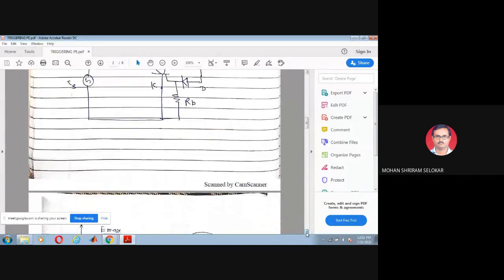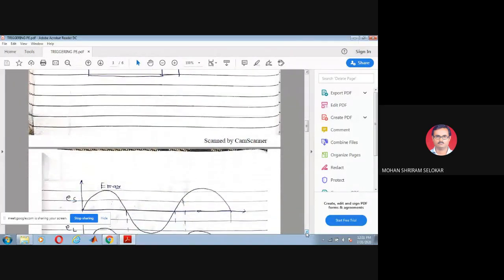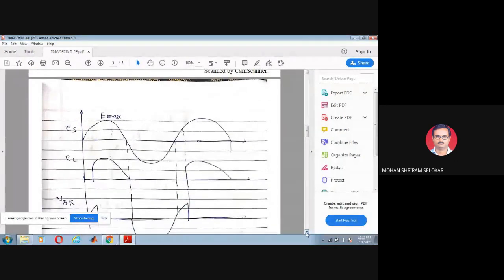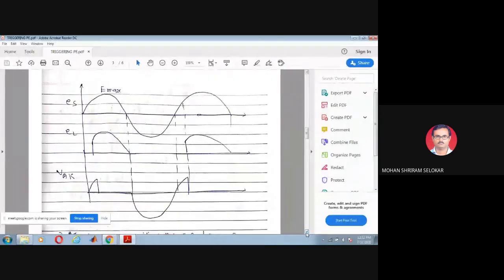So listen very carefully. Draw this waveform: the applied voltage, the load voltage, and the voltage across the SCR. VAK means voltage across the SCR, EL is the load voltage, ES is the applied voltage.